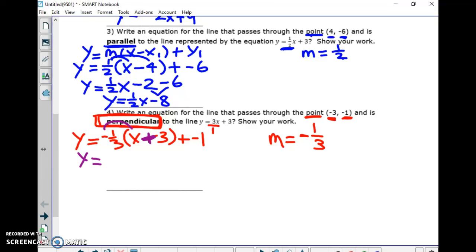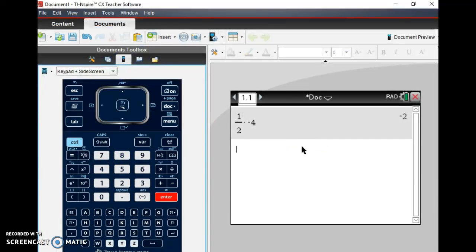Negative 1/3 times x is negative 1/3 x. Not too bad. But this next one, negative 1/3 times 3, if you're not sure, calculator's your friend. Negative 1 divided by 3, negative 1/3 times 3. Negative 1. Not too bad.